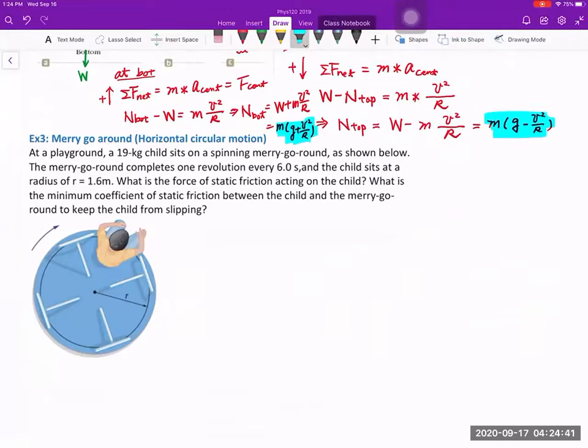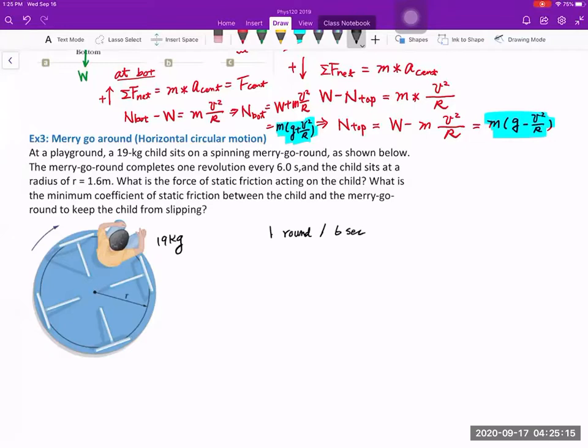So now you're given the mass of the child, which is 19 kilograms, and it goes around one revolution every 6 seconds. 6 seconds, you go 1 round.